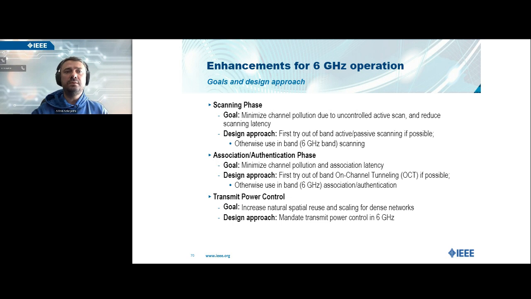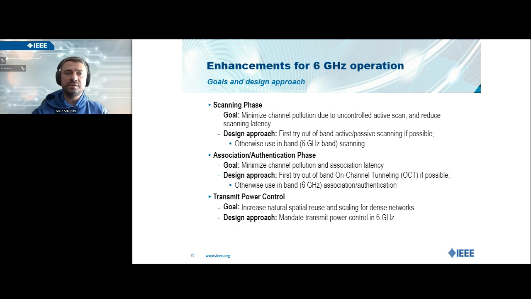So these design goals came essentially at that part of the project. The goals were essentially to minimize or reduce well-known issues that were occurring from a legacy perspective, and given that the 6 GHz band is going to be a greenfield band, to minimize those issues for the first amendment as much as possible.